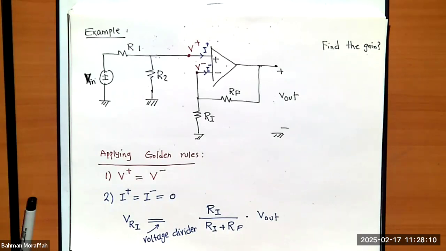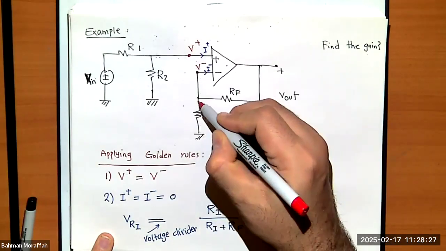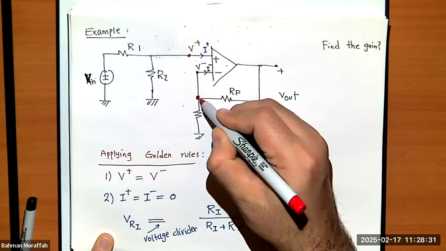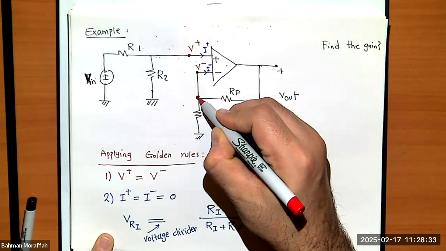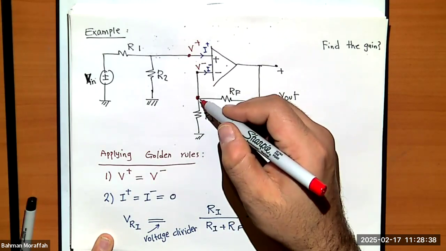But what is V across Ri? Do you agree V across Ri is exactly the same as V negative? It should be. Why? Because this is V negative. And this is exactly the same as this guy. It's the exact same as voltage at this node. Right? Because there's just a wire there. There is no voltage drop.